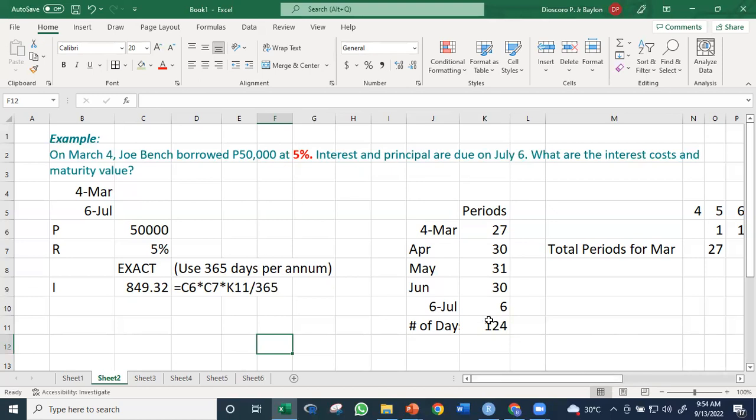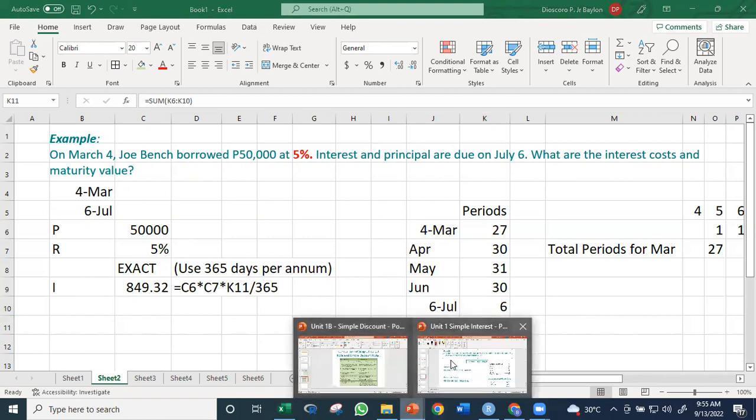We got 124 periods. So this will be the number of periods that will be subjected to interest. And since this is days, we have to convert that into years. Kasi our rate is at 5%, it is in terms of years. Therefore, our time should also be in years. So 124, you convert that into years using 365 if we're using exact.